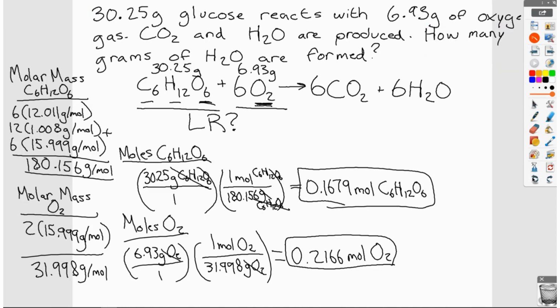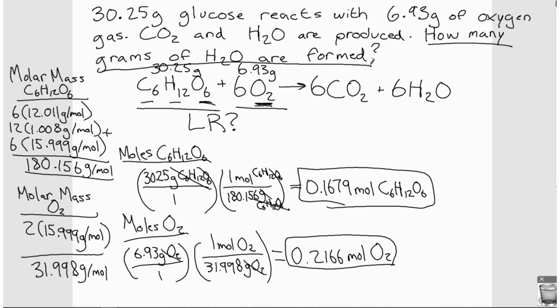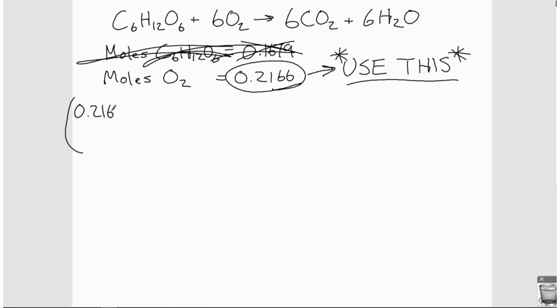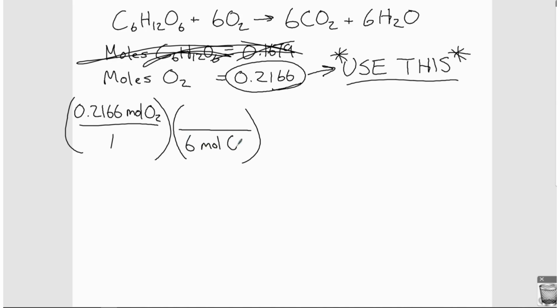And from here on, it's a basic stoichiometry problem, right? We're going to start with our moles of oxygen, and we're just going to multiply by mole ratio in order to convert that to water, whatever it's asking for. I believe the question asked about water, right? So I take that 0.2166 moles of oxygen, and I'm going to put the 6 moles of O2 from our balanced chemical equation down below, and I'm going to compare that to the number of moles of water in the equation.